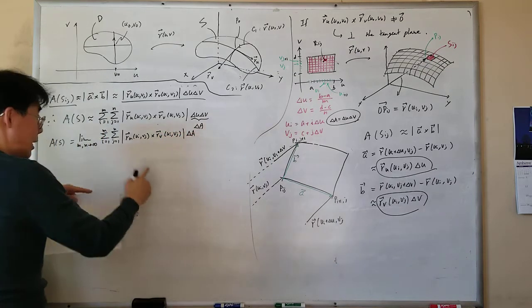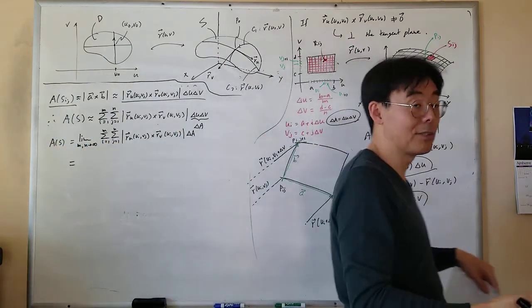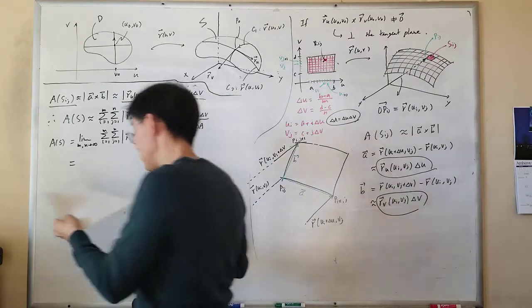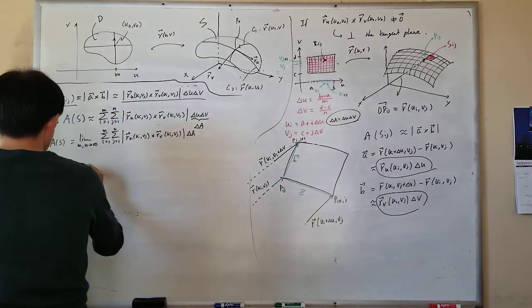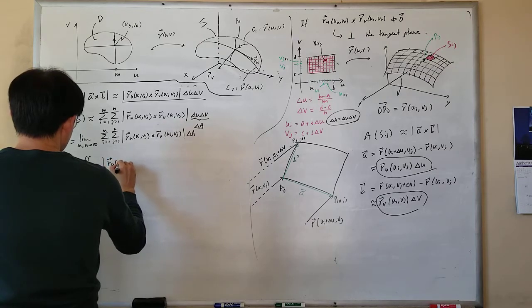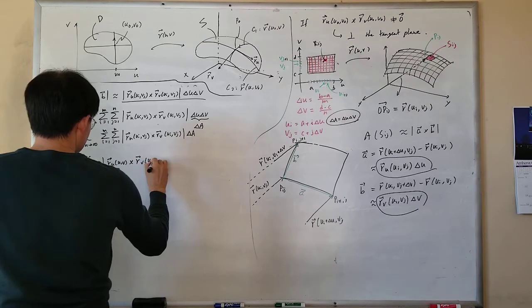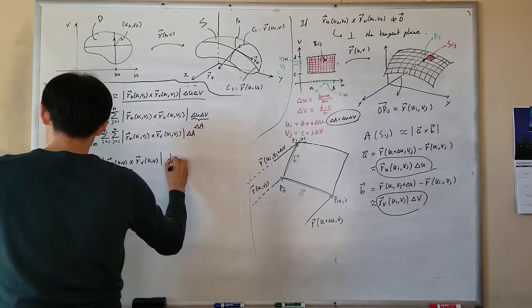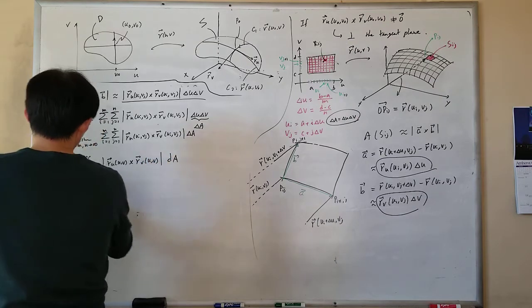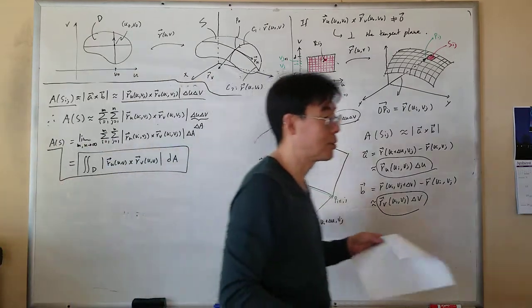That's precisely the limit of a double Riemann sum, a double integral. It's a double integral of this function.